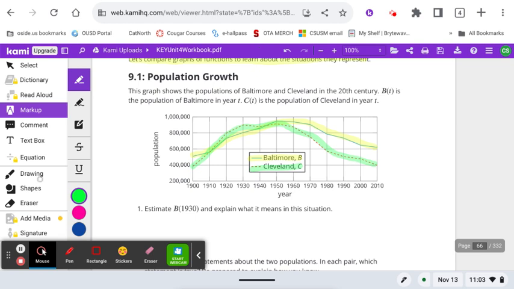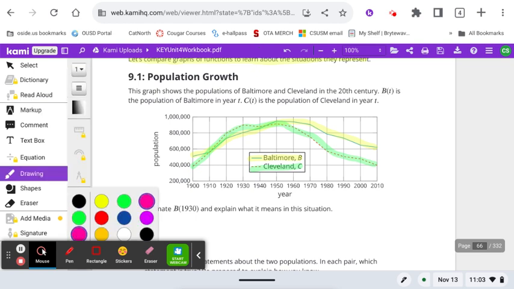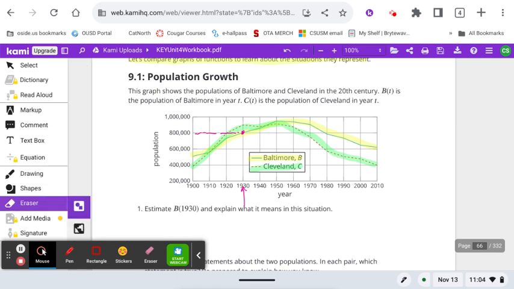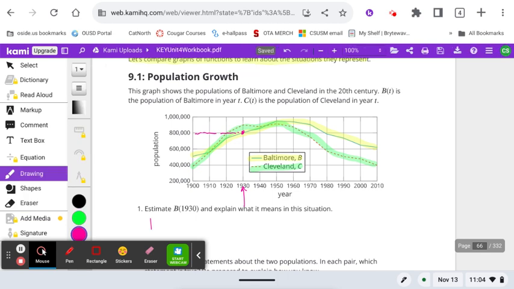And so 1930 is this input right here. We follow it up, and it wants Baltimore, which is the solid line. And so then we just look over at the output, B of 1930 equals 800,000.